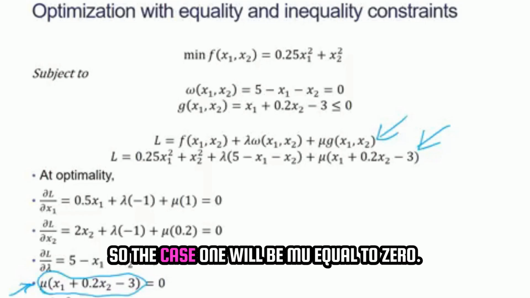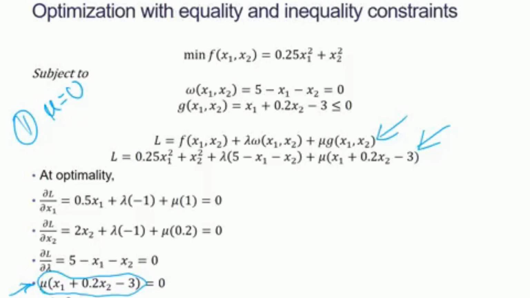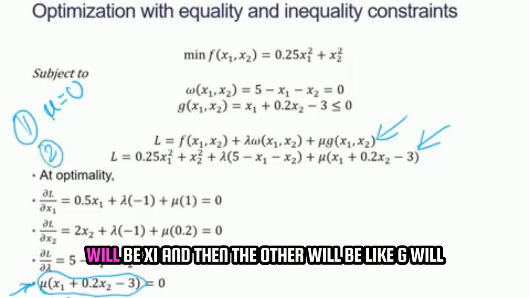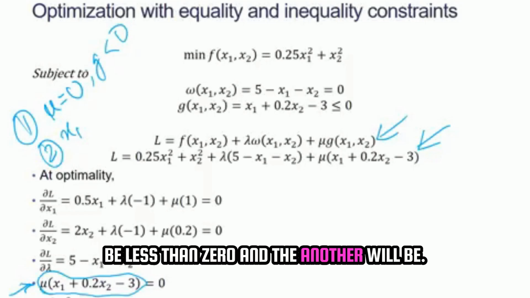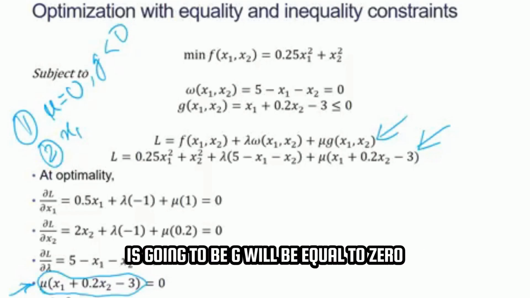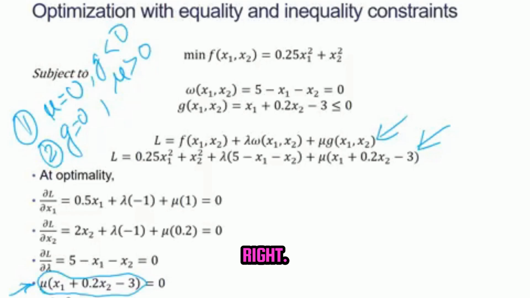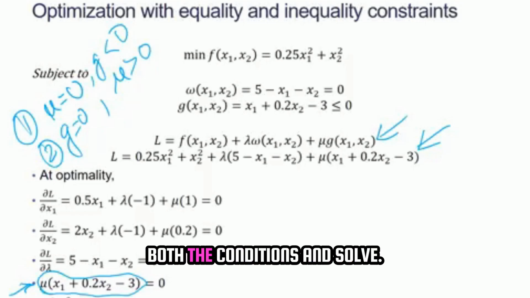Case 1 will be mu equal to 0 and g less than 0. The other case is g equal to 0 and mu greater than 0. So you have to take both conditions and solve.